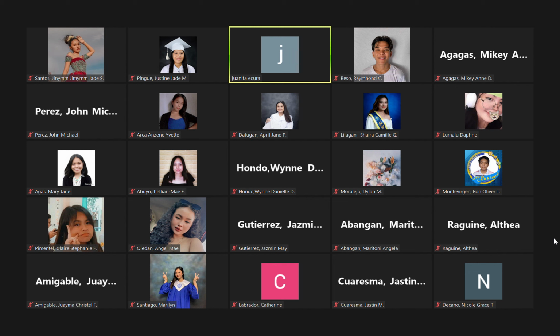Hindi naman yata economics ang tinuturo ko. Cost accounting naman. Bakit nagkaroon ng gross domestic product? Hindi ko lang alam kung section nyo yun. Mamaya, pagka tinignan ko uli. Nakakatuwa yung mga sagot ninyo. Kaya pag face-to-face, wala nang ganun, wala nang kopyahan ng mali.